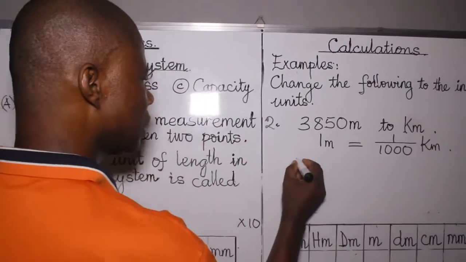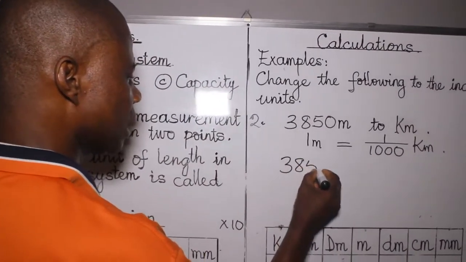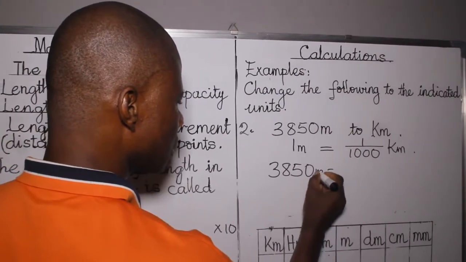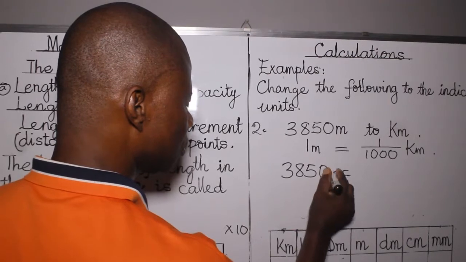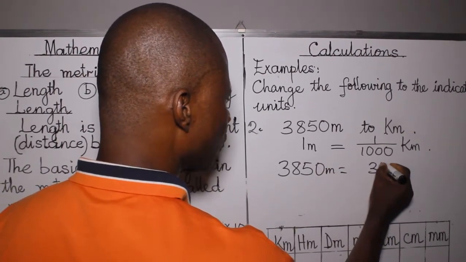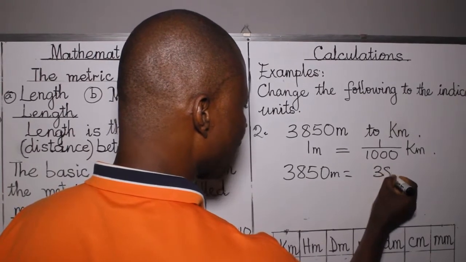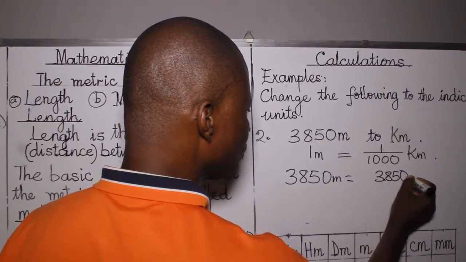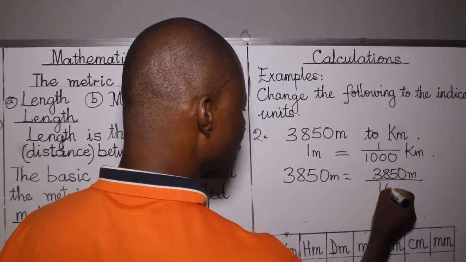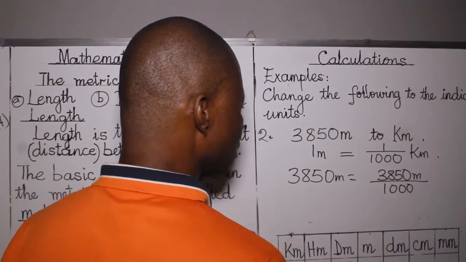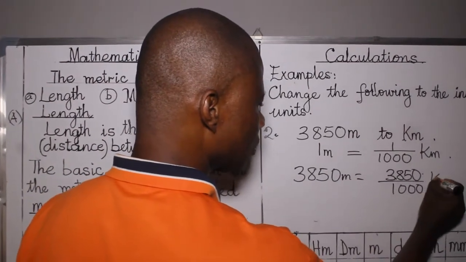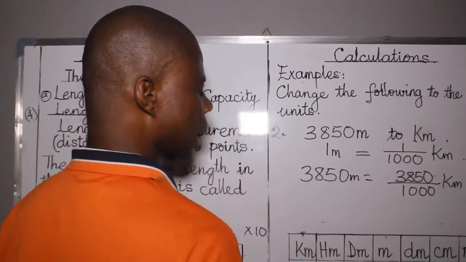Therefore, 3,850 meters is equal to 3,850 meters over 1000. Then from here now it becomes kilometer once we divide by 1000.